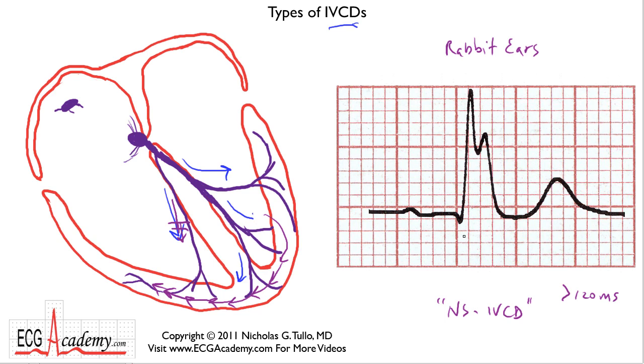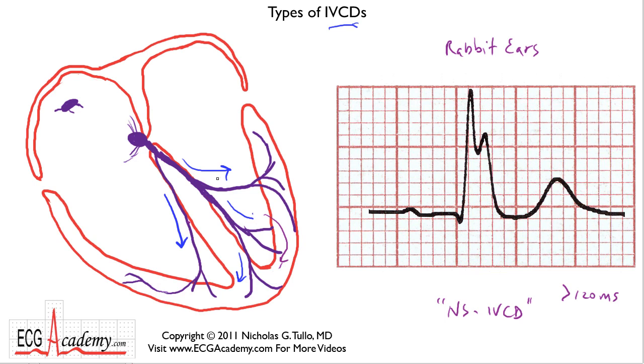But I just want you to recognize this characteristic rabbit ear pattern, along with the fact that the QRS here is about 150 to 160 milliseconds in duration. This is a classic example of a bundle branch block pattern with widening of the QRS and the rabbit ears. We can sometimes see this with the right bundle branch block and sometimes a left bundle branch block as well.